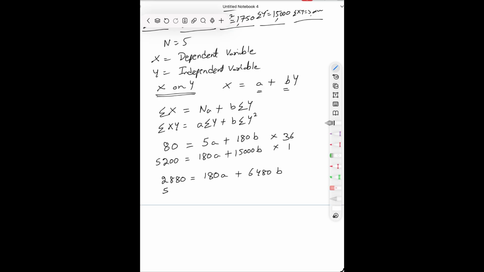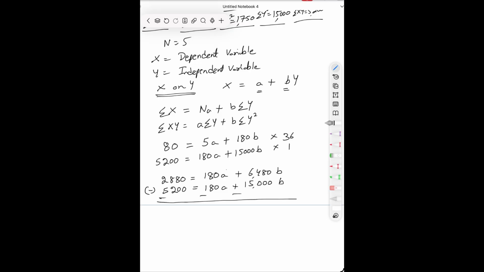The second equation was 5200 equals 180a plus 15,000b. So just putting a negative sign.